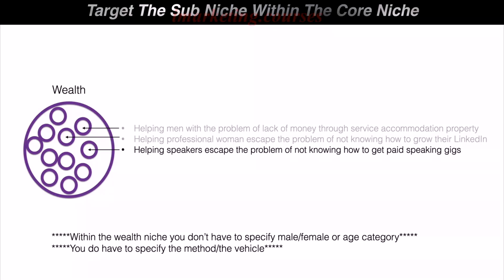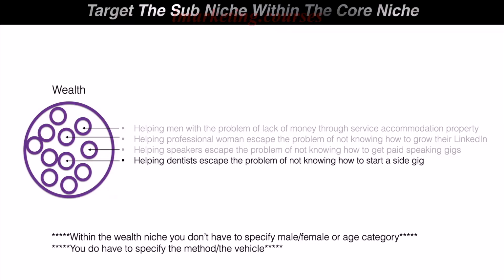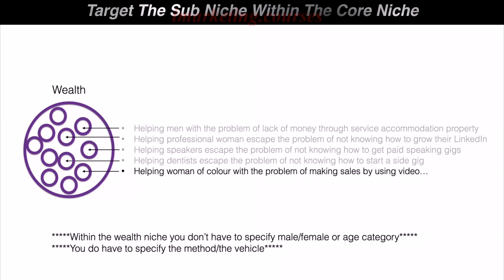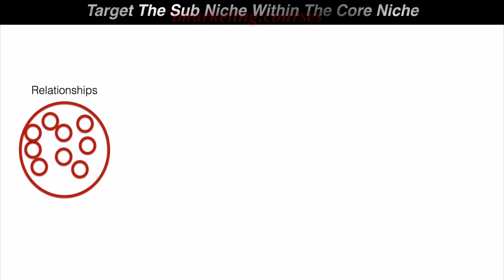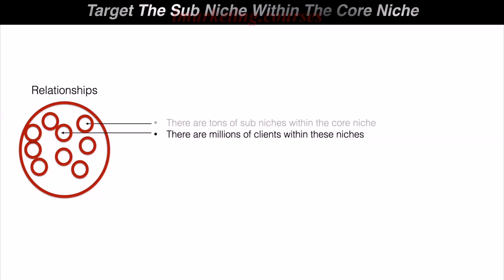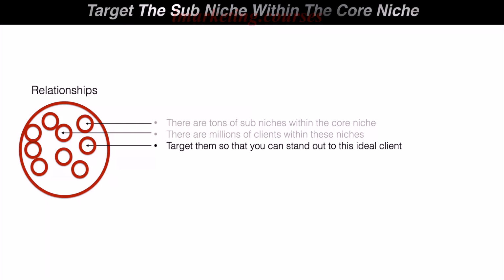Helping speakers escape the problem of not knowing how to get paid speaking gigs. Helping dentists escape the problem of not knowing how to start a side gig. Helping women of color with the problem of making sales by using video. Very specific.